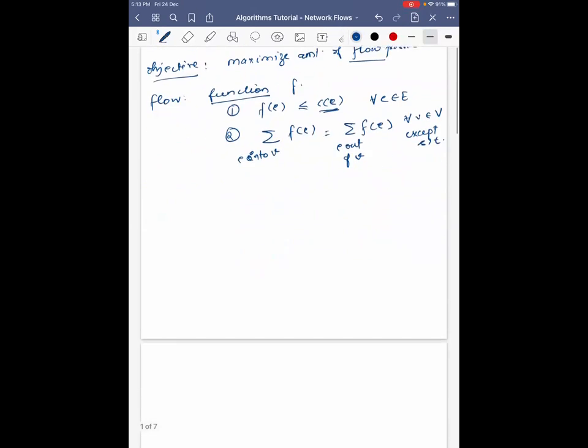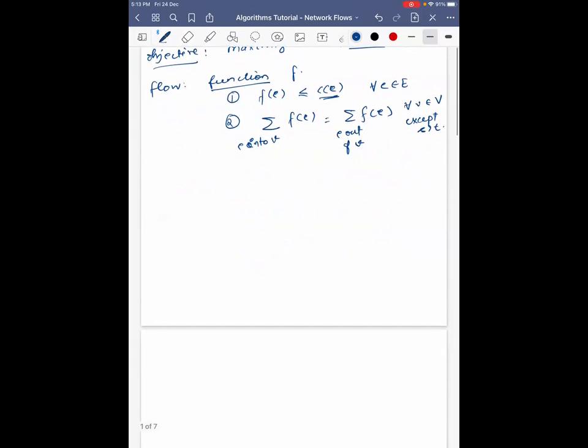You might have studied the Ford-Fulkerson algorithm. Sir might have introduced the Ford-Fulkerson algorithm. Before we actually go there, the way to go about it is very simple. You start with a feasible flow and then improve it successively.